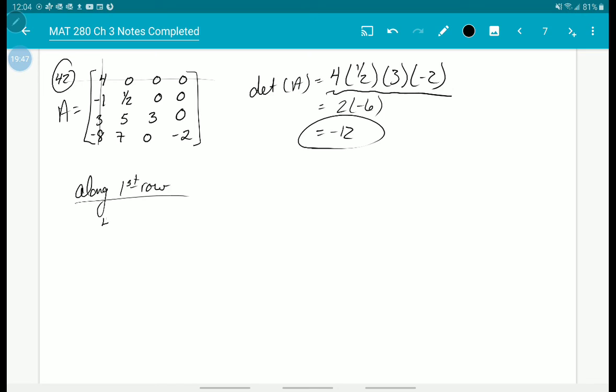It would be 4 times negative 1 to the 1 plus 1 times the determinant of this matrix. Well, that's going to be equal to 4 times positive 1, which is 4, times that determinant.